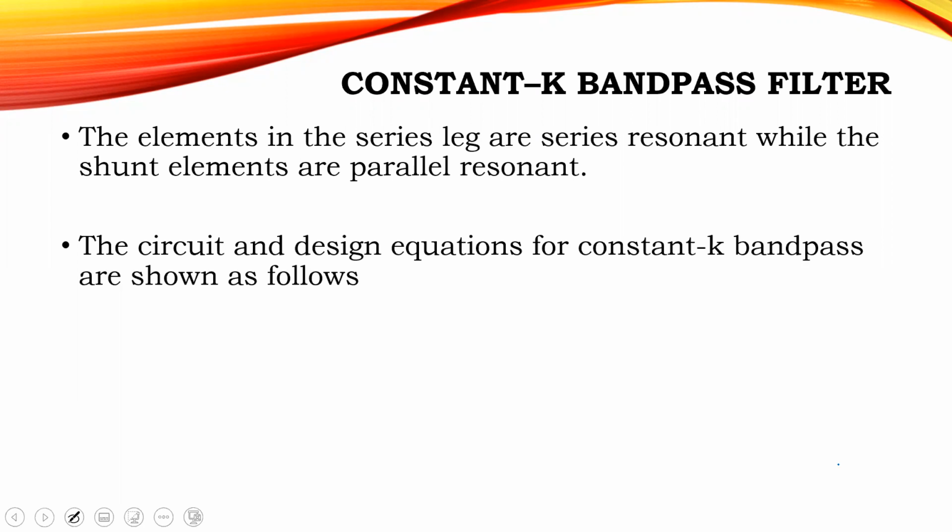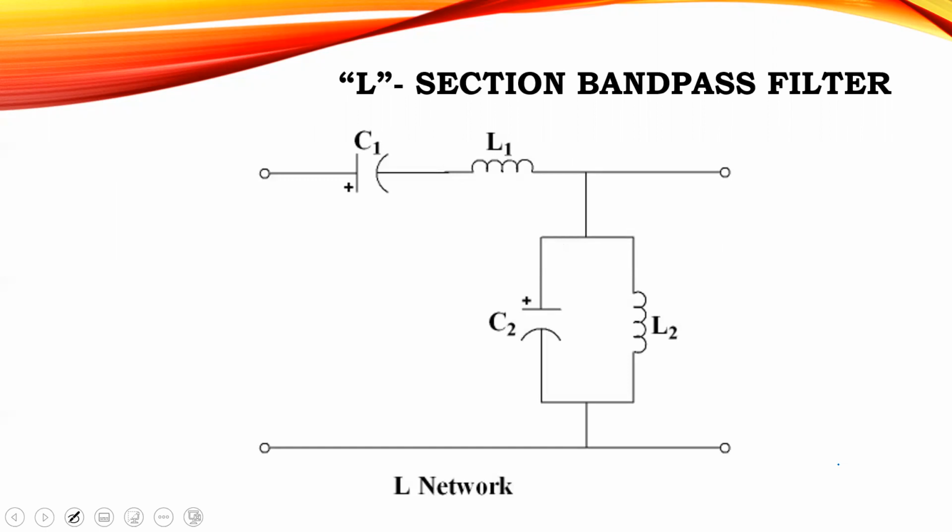And for your parallel resonance, it will be a maximum. So for your band pass, the elements in the series leg are series resonant, while the shunt elements are parallel resonant.